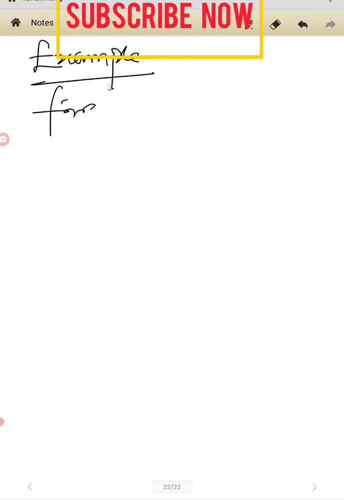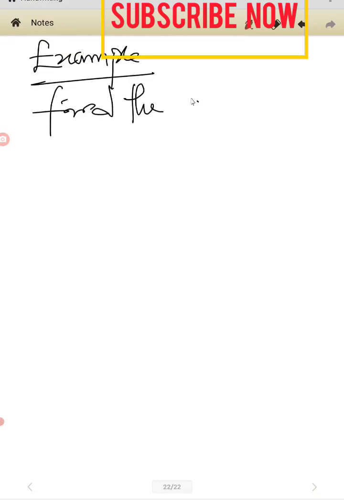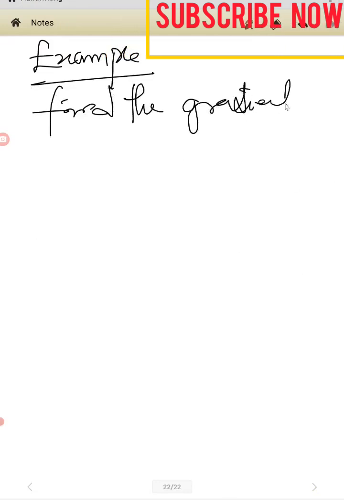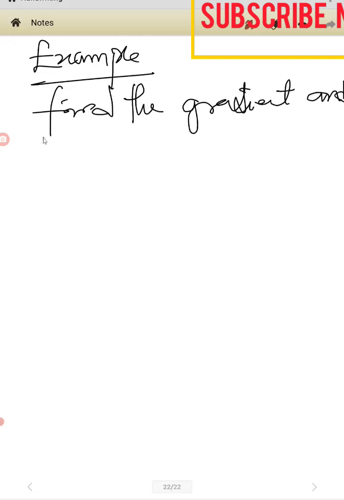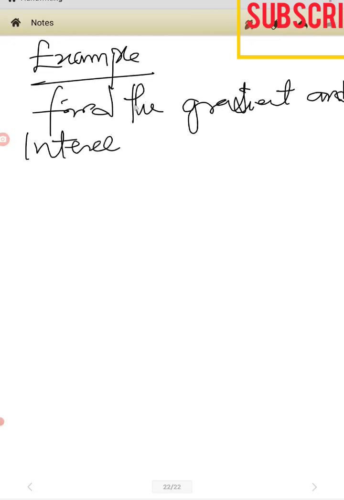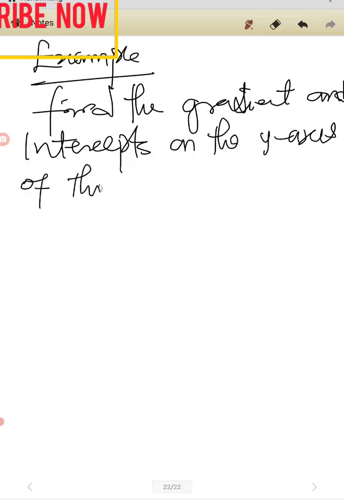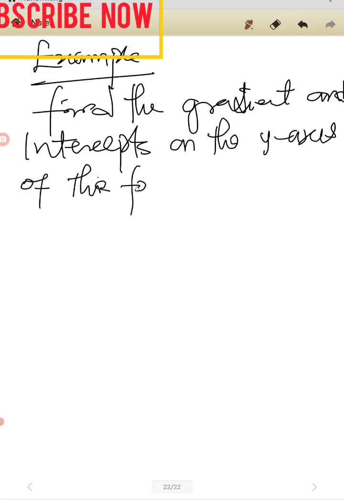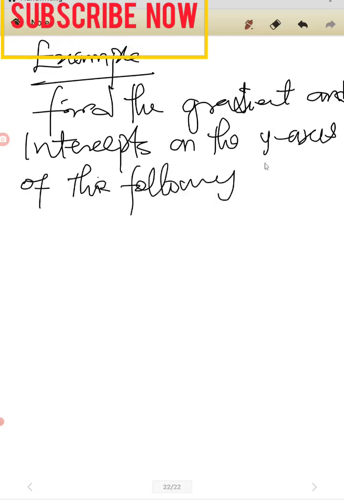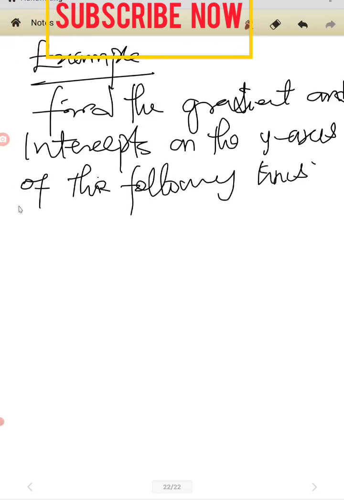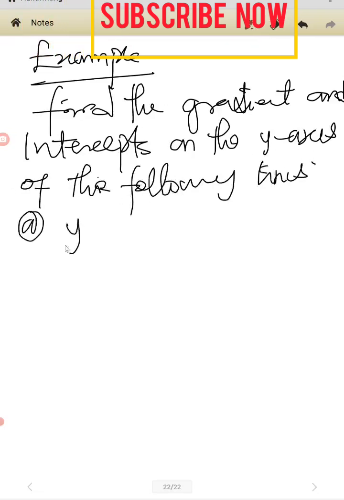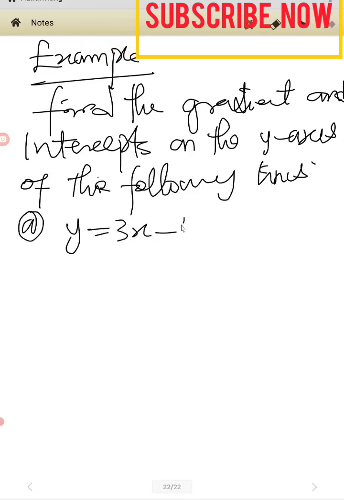It says, find the gradients and intercepts on the y-axis of the following lines. Let's say we have a line like y is equal to 3x minus 4.